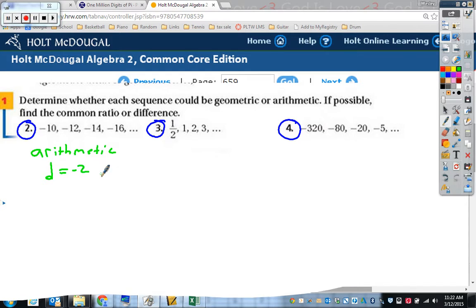For number 3, you should have gotten neither. And then lastly, for number 4, you should have gotten geometric, with r equals 1/4. Okay.